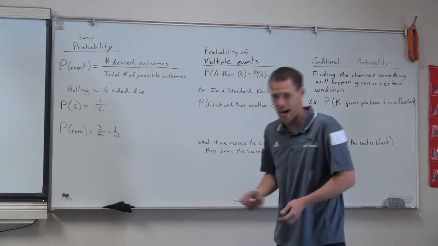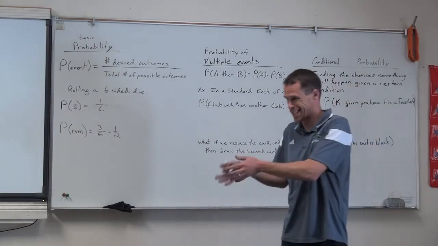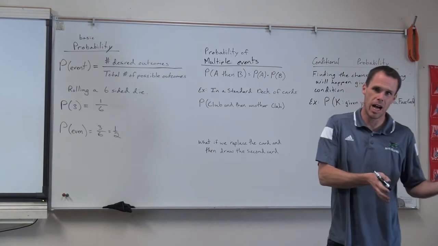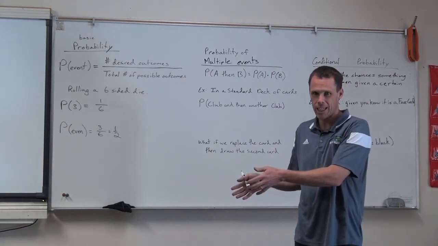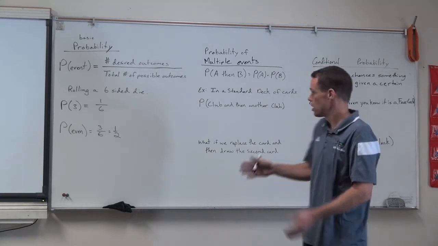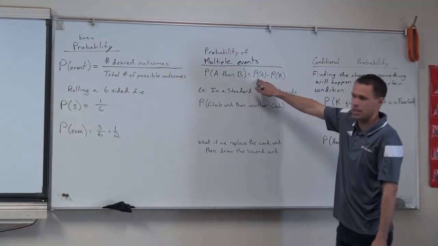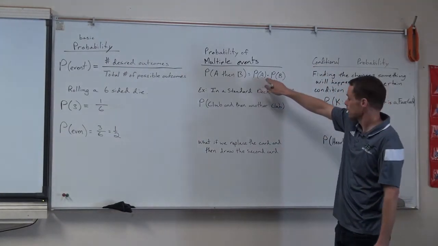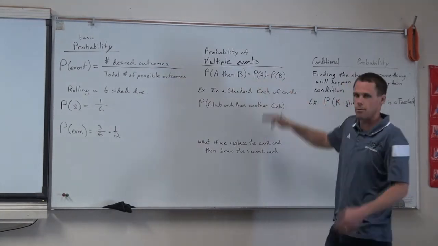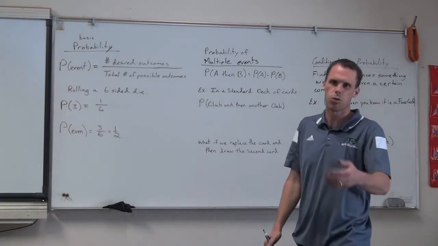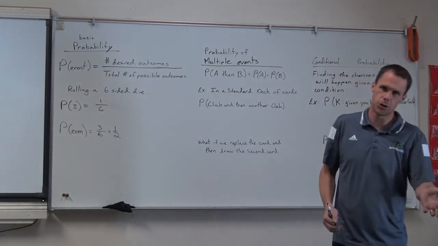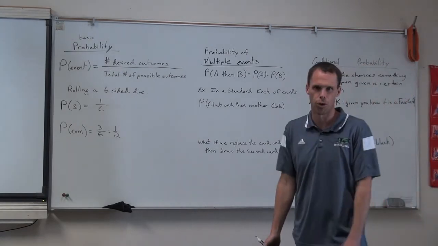So now I roll the die. 1 out of the 6 rolls will be a 3. Half the time I will get to roll the die, and 1/6 of those times it will be a 3. So we multiply the probability of getting heads times the probability of rolling the 3. 1/2 times 1/6 is 1/12. 1 out of 12 times it should land heads, and I should roll the 3 at the same time.